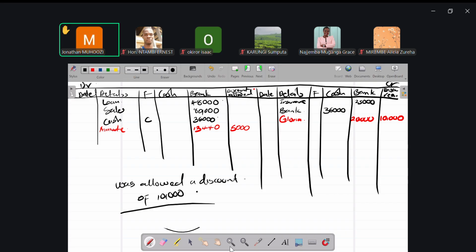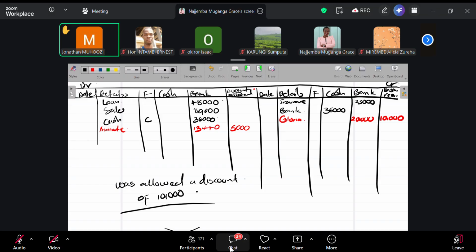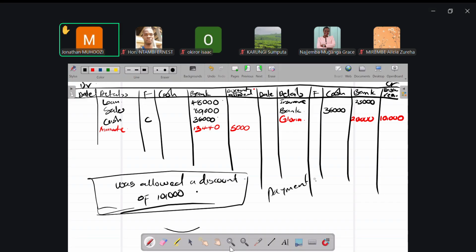Madam, there was that part of withdraw a check for own use. Those were drawings. But was it a contra entry? It was just a payment. They were just getting the check. Contras are transactions that affect both cash and bank at the same time.